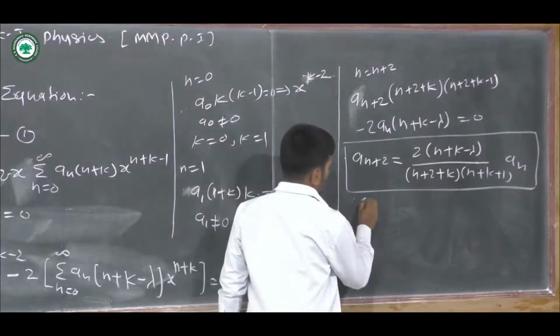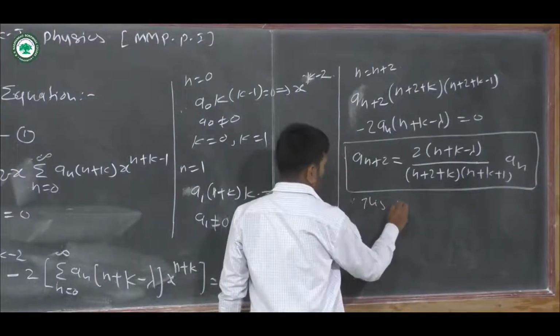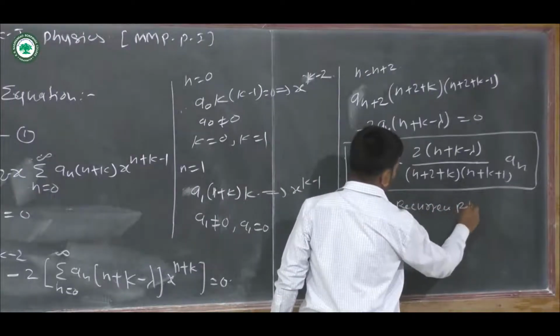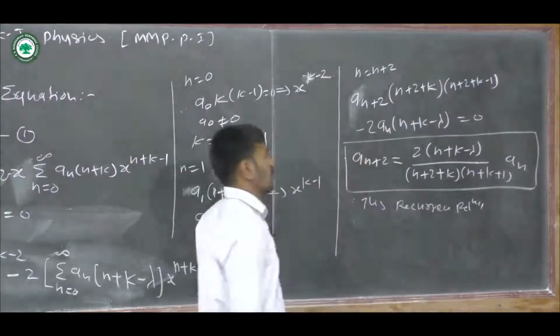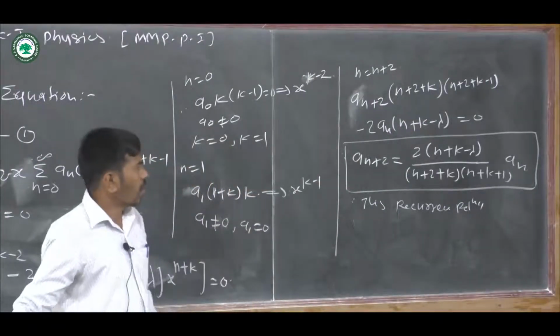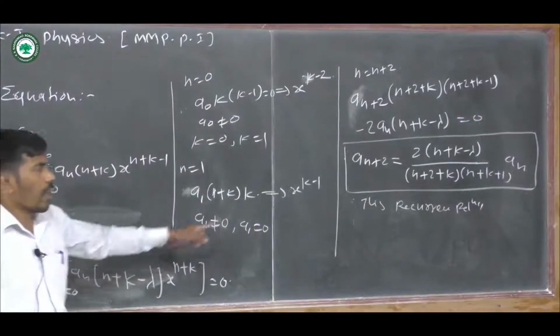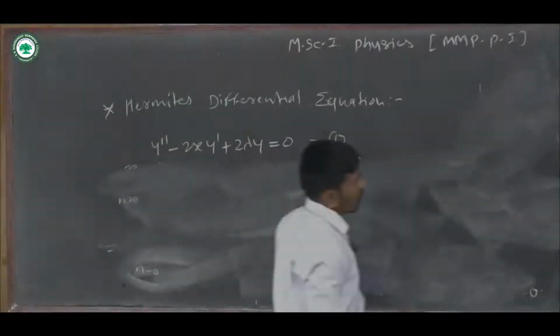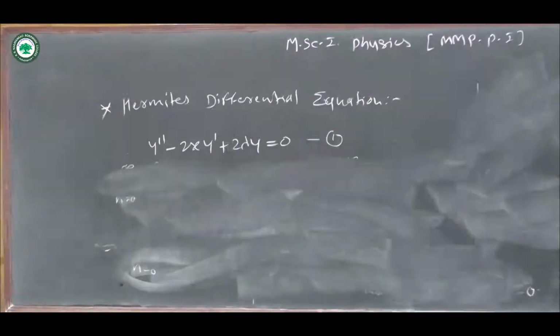From this expression we can find the coefficients a2, a4 and so on. This is equation number 2.